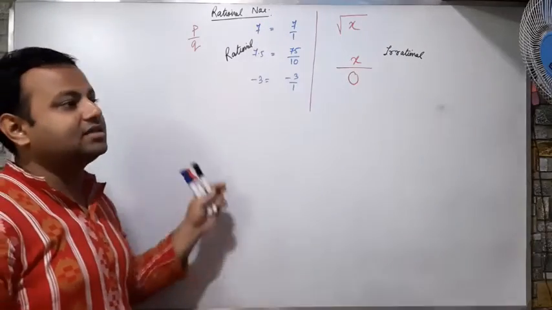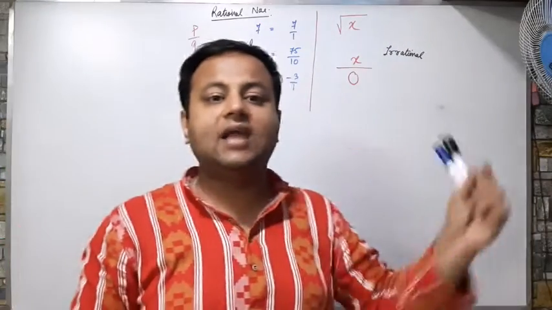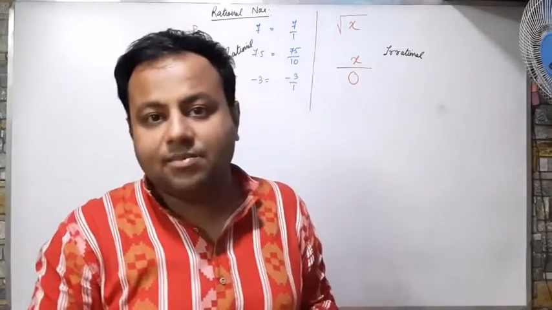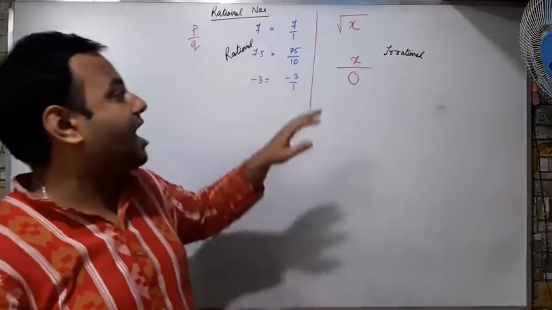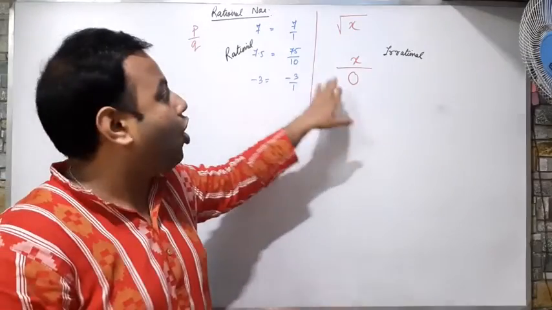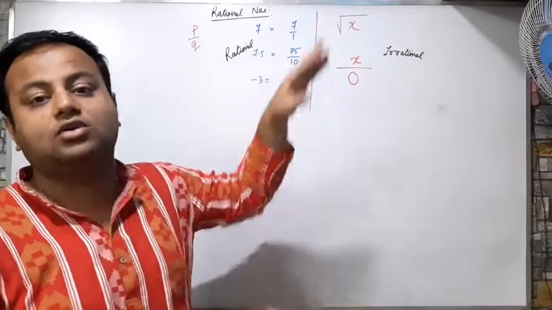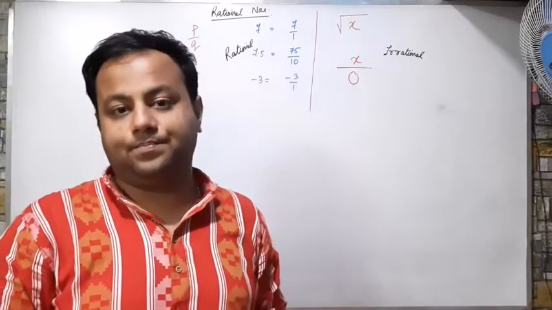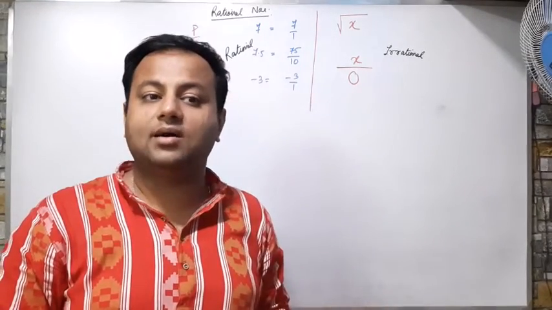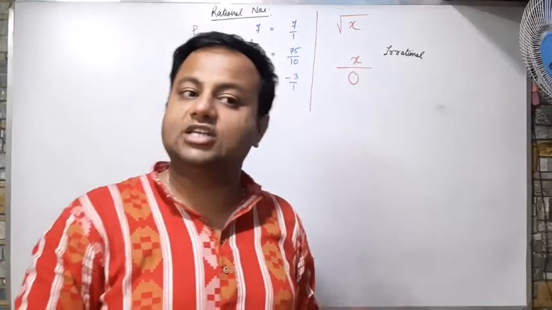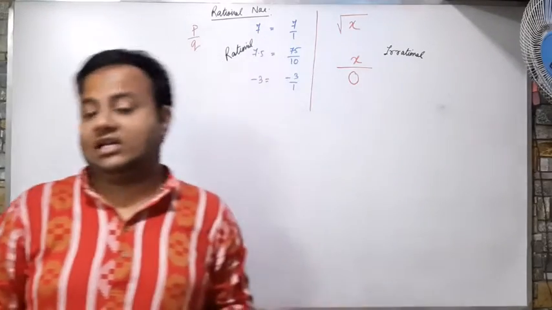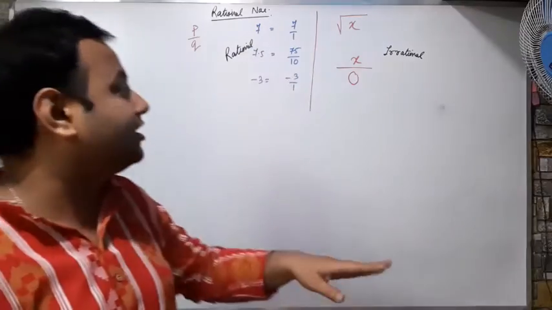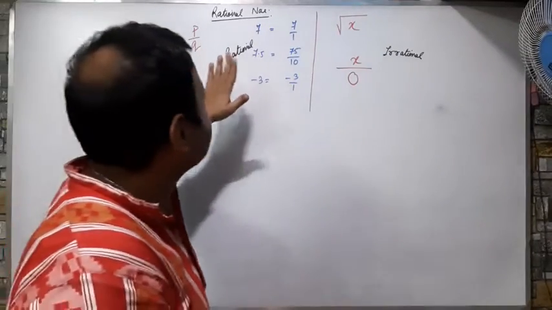So rational numbers are numbers that can be represented as a fraction p by q, and irrational numbers are those having denominator 0 or the root of any non-perfect square number. Any non-perfect square number under a root is an irrational number, and division by 0 is also irrational. So our topic is not irrational numbers. We have to study rational numbers.